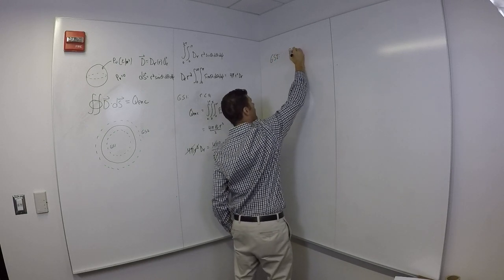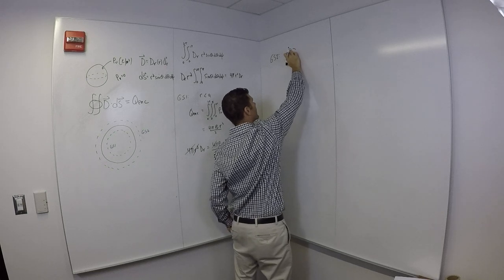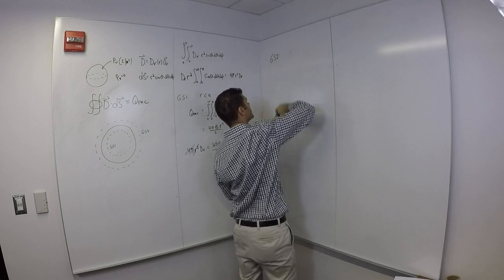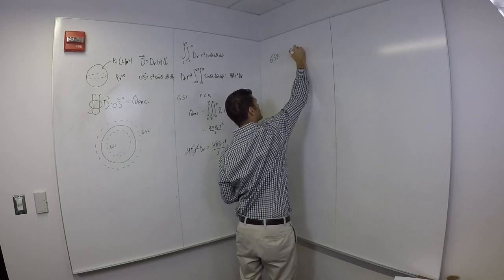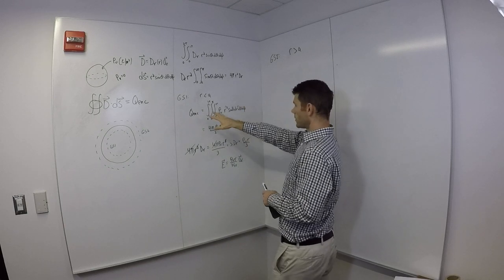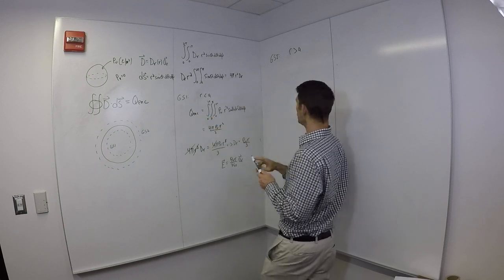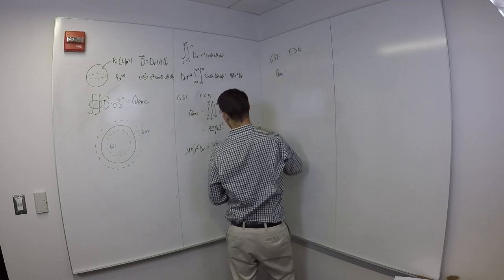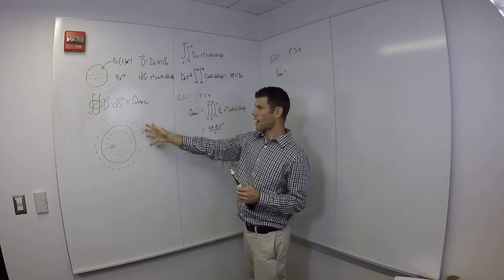Now, when we go to the next one, we have Gaussian surface 2, which says that R is, sorry, not rho, but rather R is greater than a. All we have to do is evaluate the Q enclosed. For this point, R is somewhere out here.